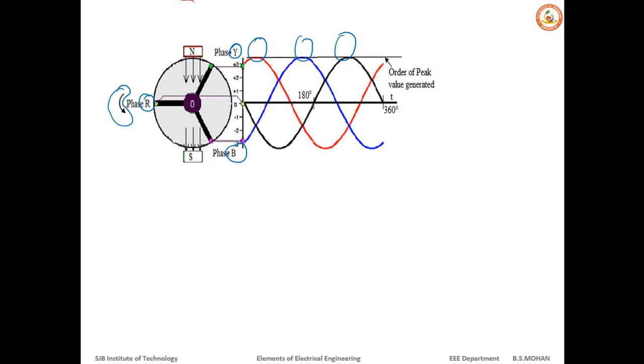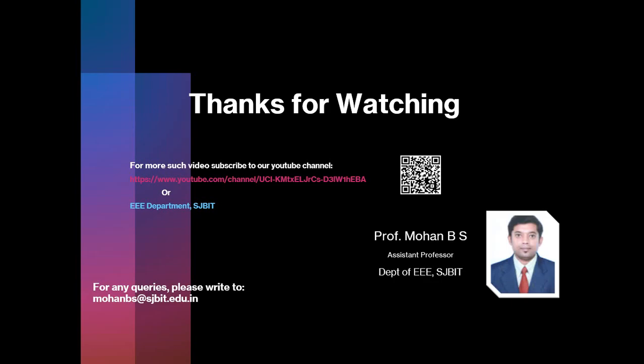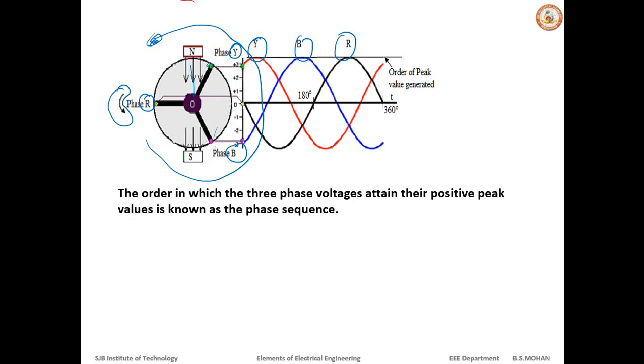According to this direction, it rotates in anti-clockwise direction. Which phase hits the north pole first, or which conductor experiences its force perpendicular to the north pole first? We have phase Y, followed by B and then R. Thus the phase sequence is defined as the order in which the three-phase voltages attain their positive peak values.